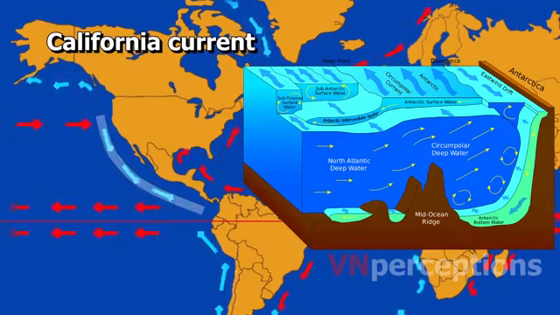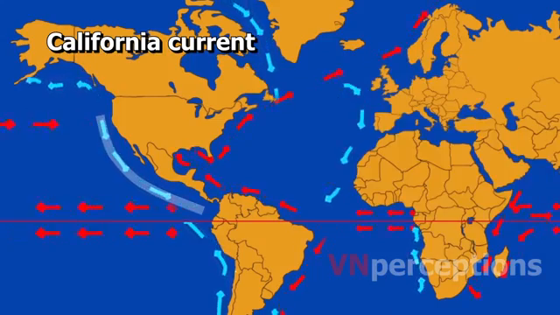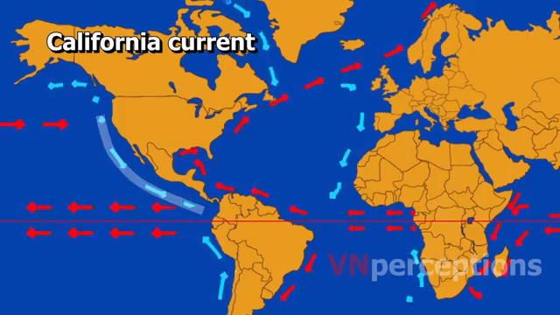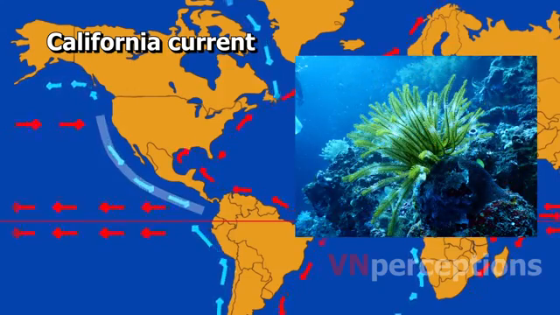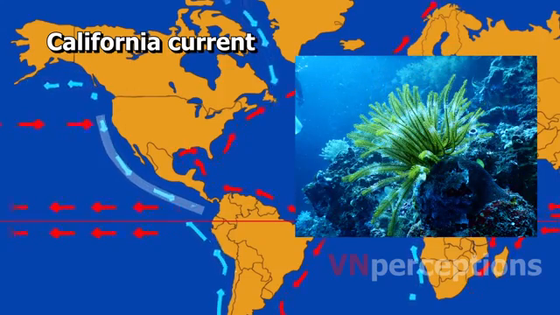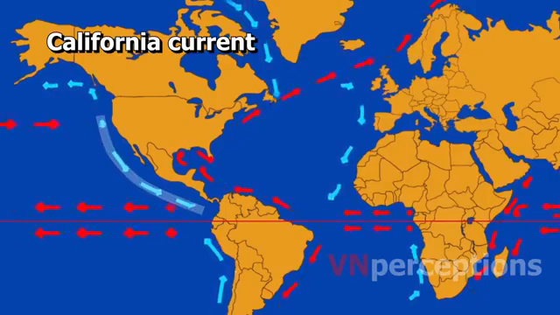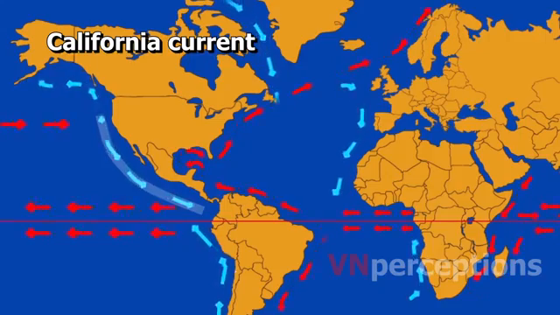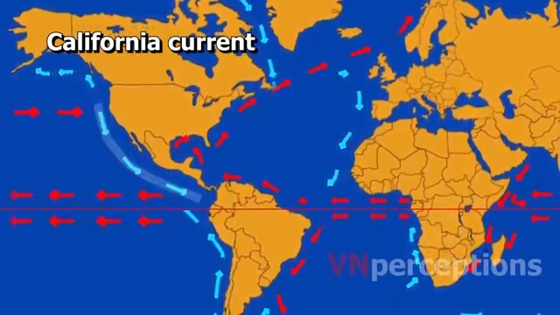Now this, along with oxygen and energy from the sun, promotes the growth of phytoplankton, which serves as a base of the marine food chain, supporting an amazing diversity of marine life, including invertebrates, fish, birds and mammals. The California current is among the most biologically productive marine environments in the world.